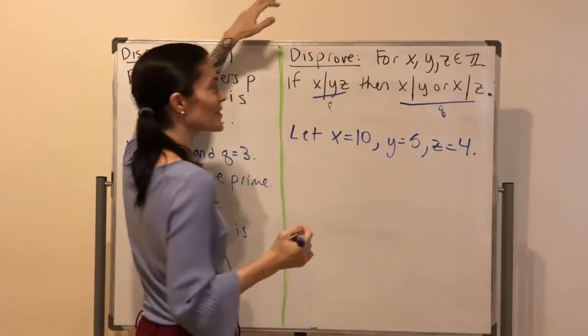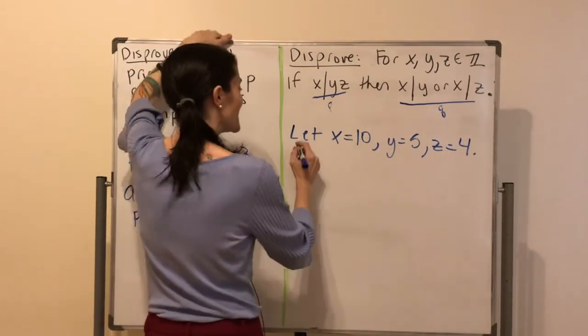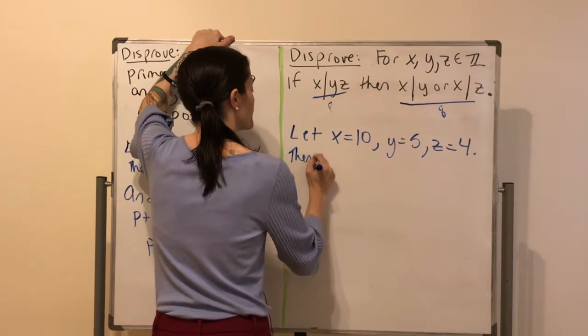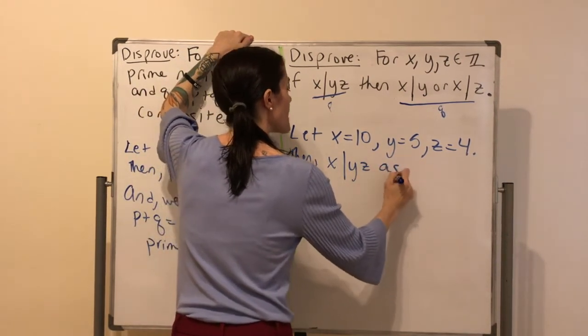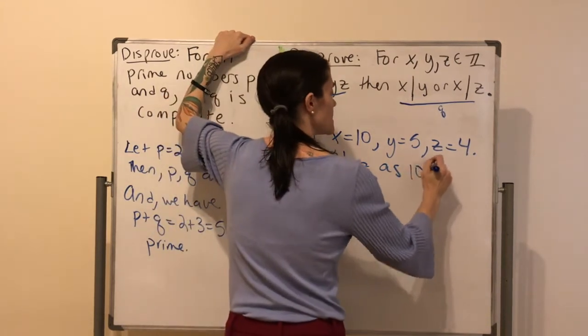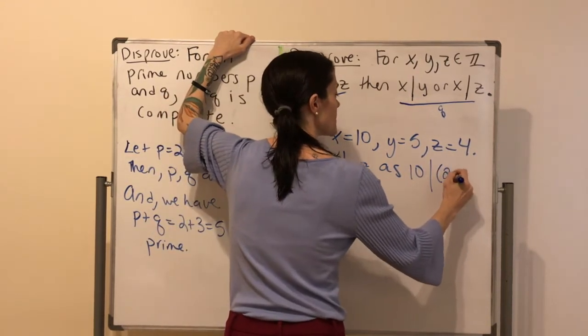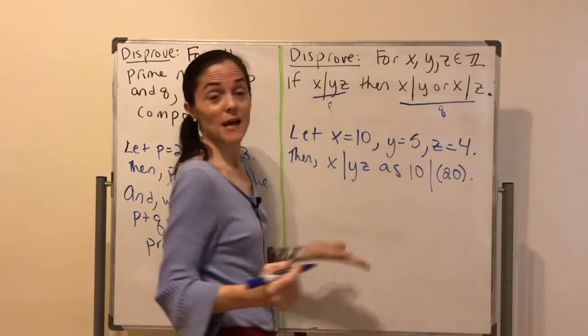Okay, these are definitely integers. Then x divides yz as, well, 10 divides 20, which is 5 times 4.